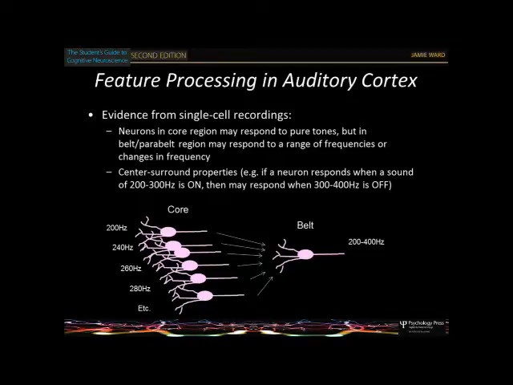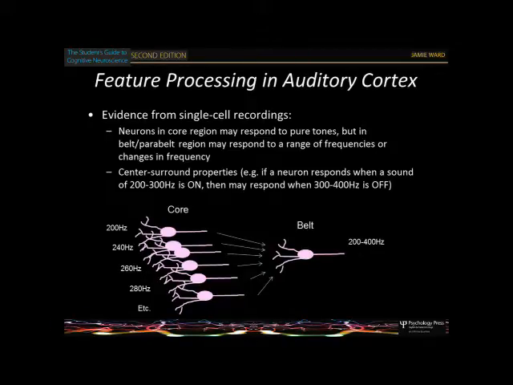So it's tuned to one particular frequency, for instance. And then what you find in higher regions of the brain is neurons that respond to a band of frequencies or respond to one frequency after another. So you might have a neuron that responds to any sound between 200 and 400 hertz, for instance. So it's responding to a range of frequencies, or a single sound that is covering that particular range. So a noise, for instance, has lots of different frequencies.